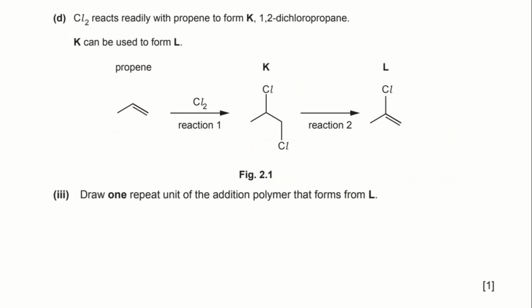In part 3, we will draw one repeat unit of the addition polymer that forms from L. Okay, this is an alkene. So let's draw a repeat unit. The 2 carbon, there's a CH3 here. The other carbon is bonded to 2 hydrogen. So this is one repeat unit.